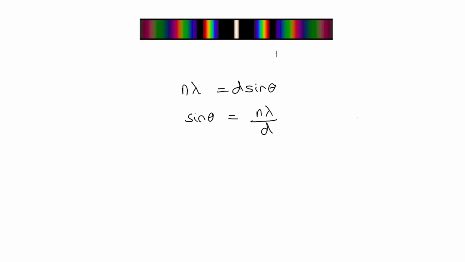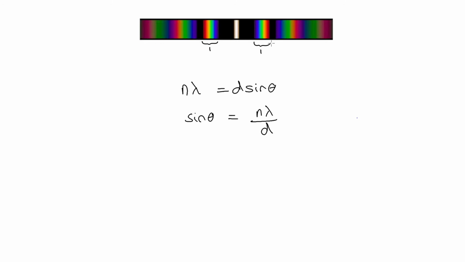So we can see that here on our pattern. If we mark in the positions of the first order spectrum on either side of this central maximum, you'll notice that on the side closest to the center we've got a blue tinge to the fringe, so we're getting the blue light. And as we go to the outside edge of that first order maximum, here we've got red light.